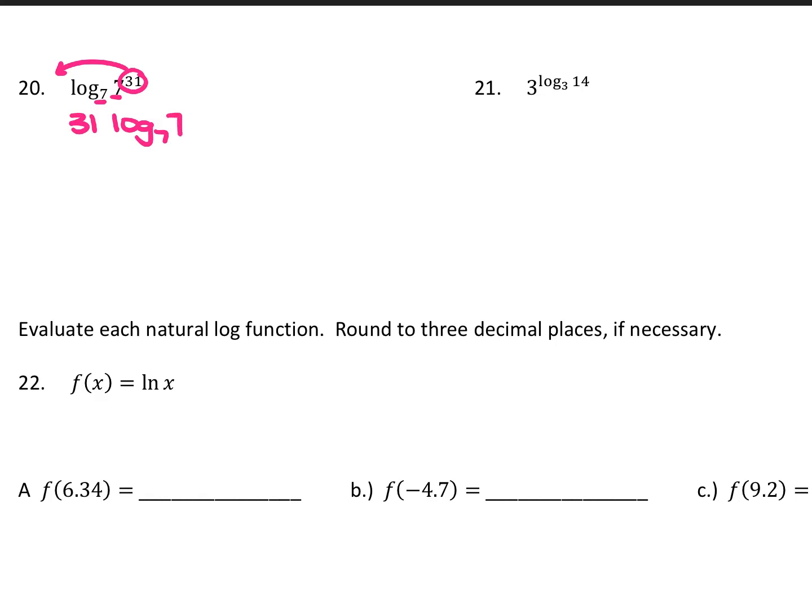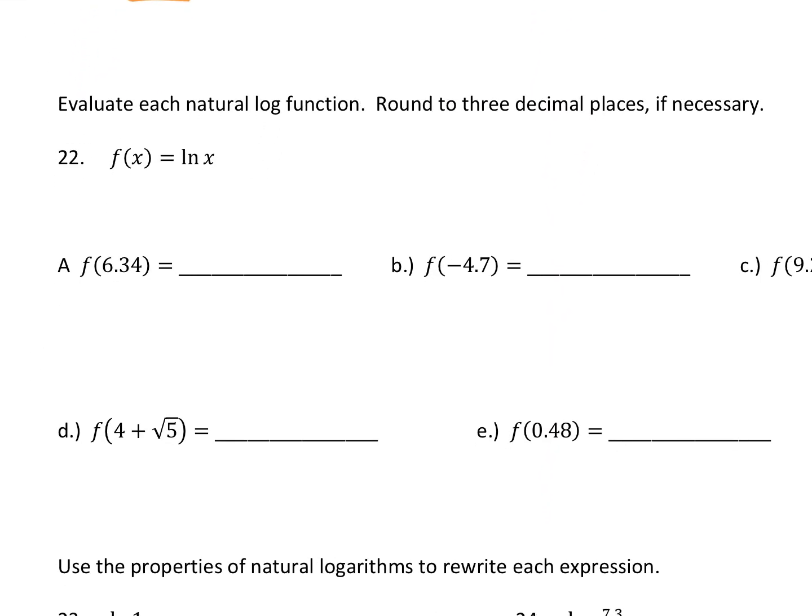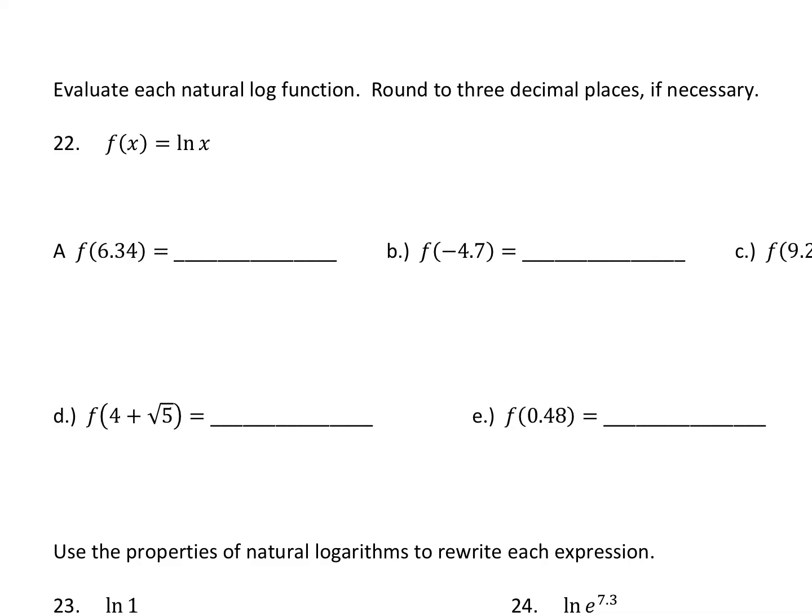The log 7 of 7 is just 1, so 31 times 1 is just 31. For 21, you have 3 to the power of log 3 of 14. Your base is the same as the base on the log, so these cancel each other out, and you're just left with the 14.